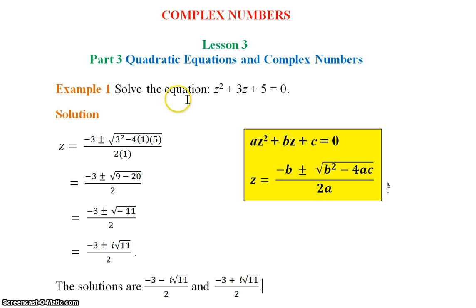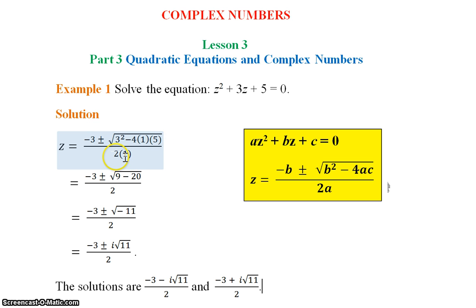Example. Solve the following equation. z squared plus 3z plus 5 equals 0. As usually we apply this formula. So z would be minus 3, it's minus b, plus minus square root of b squared, 3 squared, minus 4ac, a is 1 and c is 5.